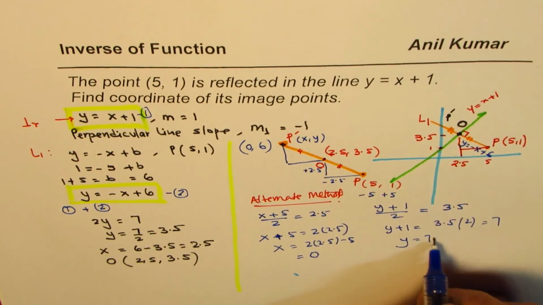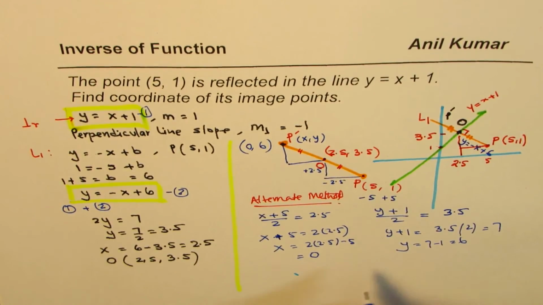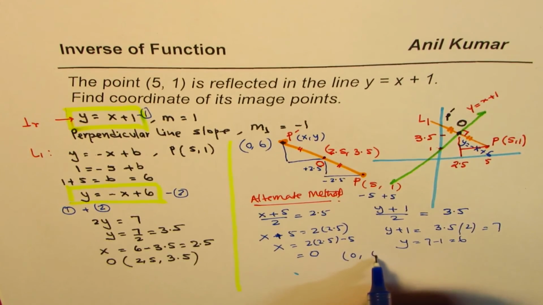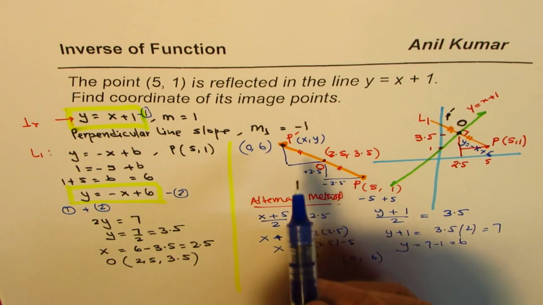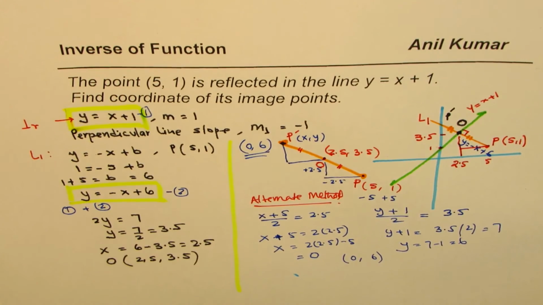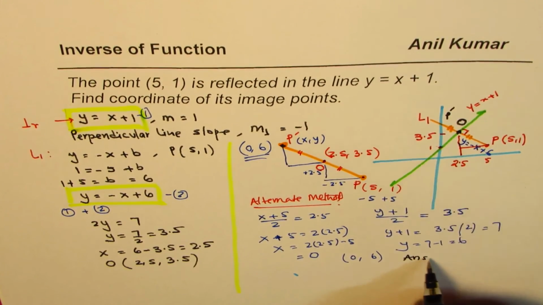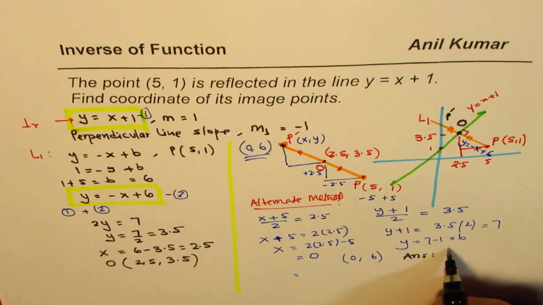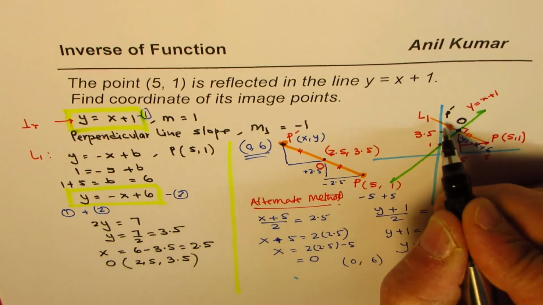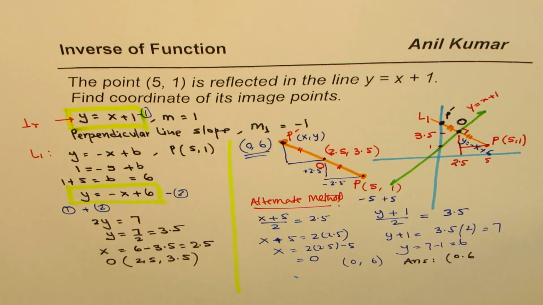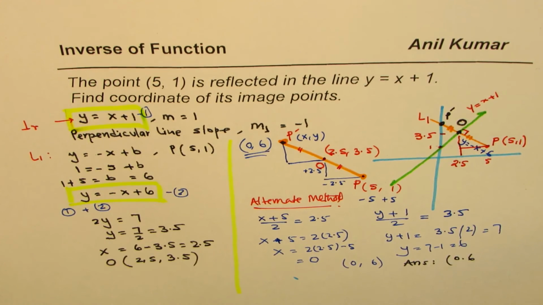And y equals 7 minus 1, which is 6, correct? So we get the points 0 and 6, which we anticipated earlier. So the image point in our case, we can write down the answer. Image point is 0, 6, right? So it is this y-intercept in this particular situation.